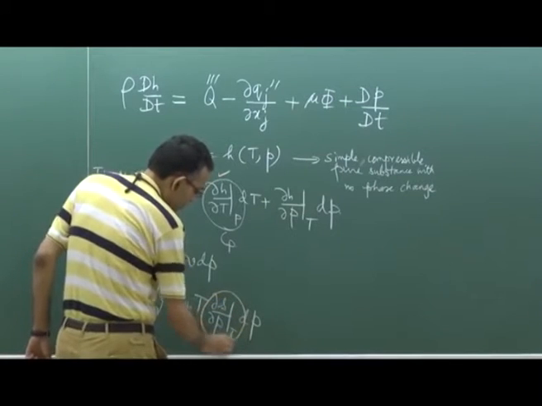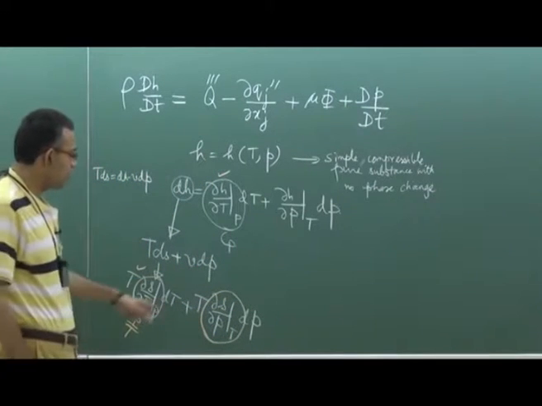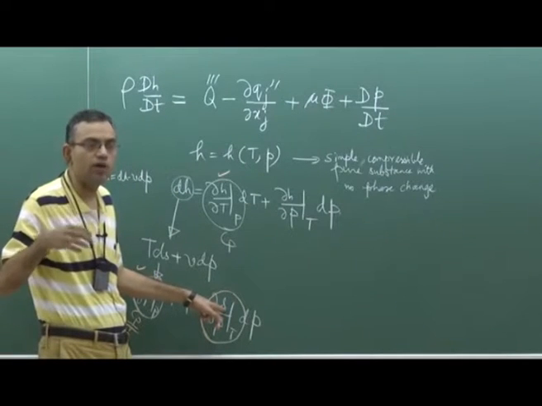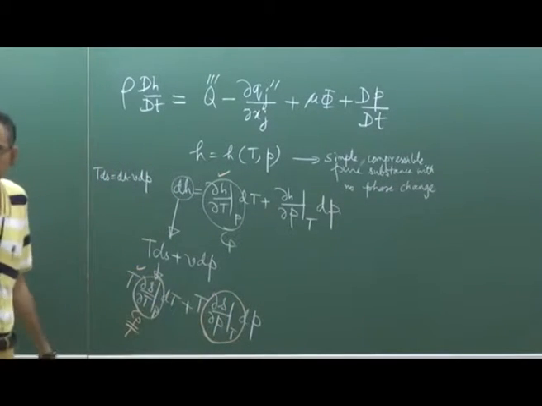and this term you can express by changing from entropy to a measurable quantity by using one of the 4 Maxwell's equations.